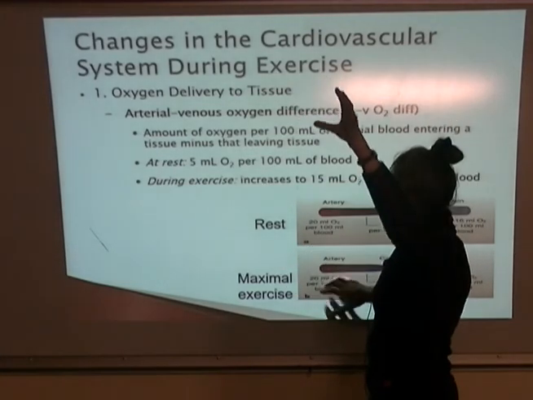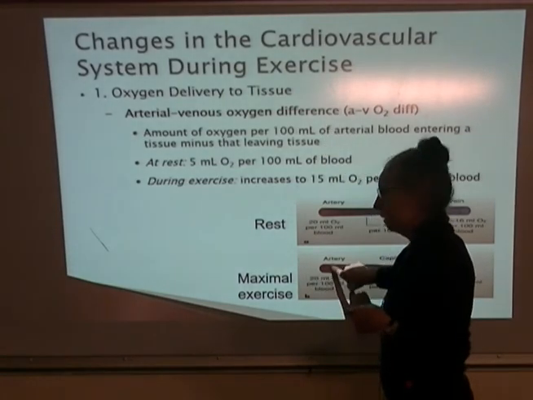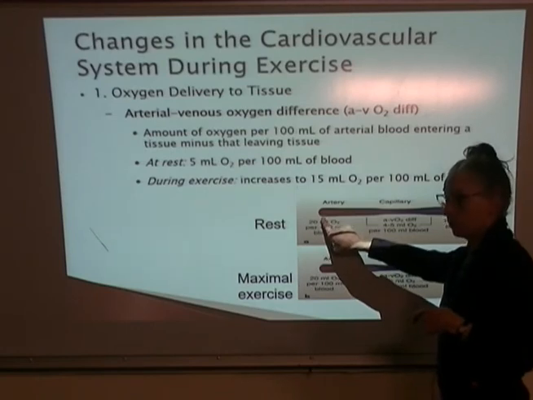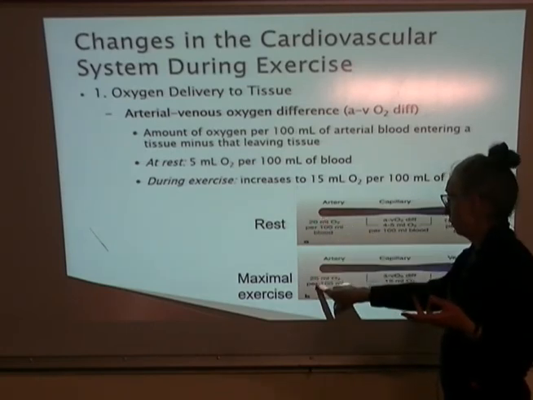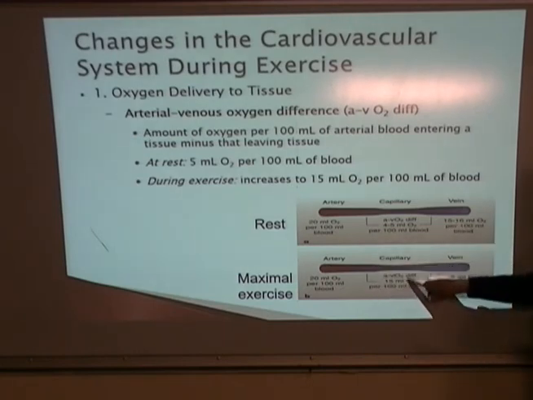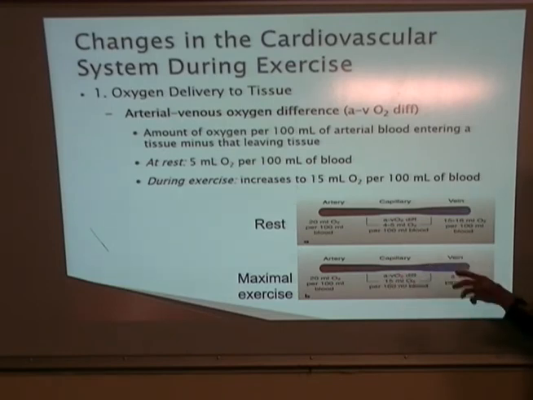So I've got the same 20 in my artery that I had at rest. But now in the vein, I have 5 instead of 15. So I transferred 15 milliliters of oxygen out of the blood in the capillaries into the muscle tissue.